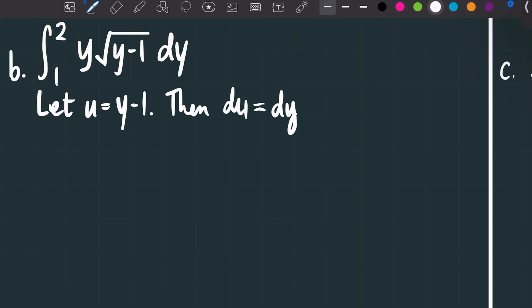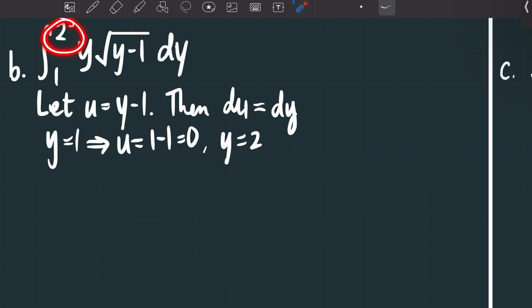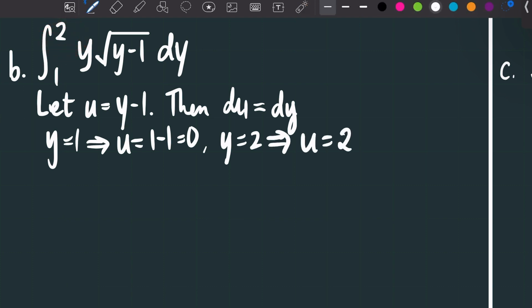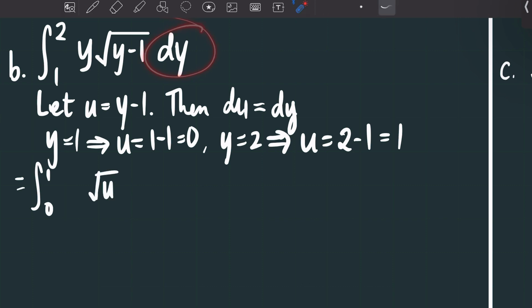So, if y equals 1, yung u natin is just 1 minus 1, which is 0. But if y equals 2, yung u is 2 minus 1, which is 1. So, itong buong integral na to, integral from 0 to 1 of yung nasa loob, this will become the square root of u, tapos yung dy magiging du.